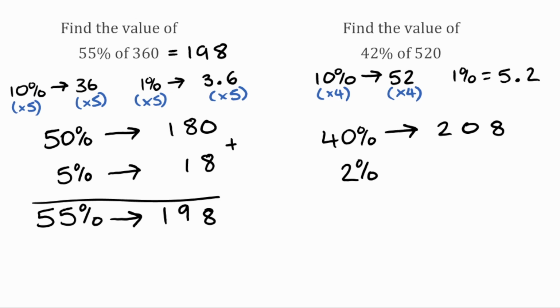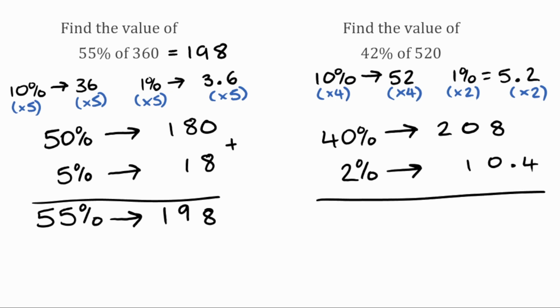We then need to figure out what 2% is. So we're going to take our 1%, and multiply that by 2, which means we're going to do the same to the 5.2. So if we do 5.2 multiplied by 2, that's going to give us 10.4. So now to finish this question off, to find our 42%, we're simply going to add our numbers together.